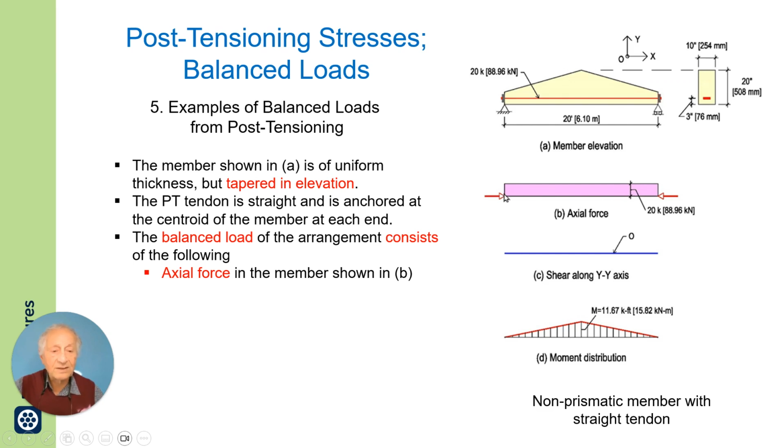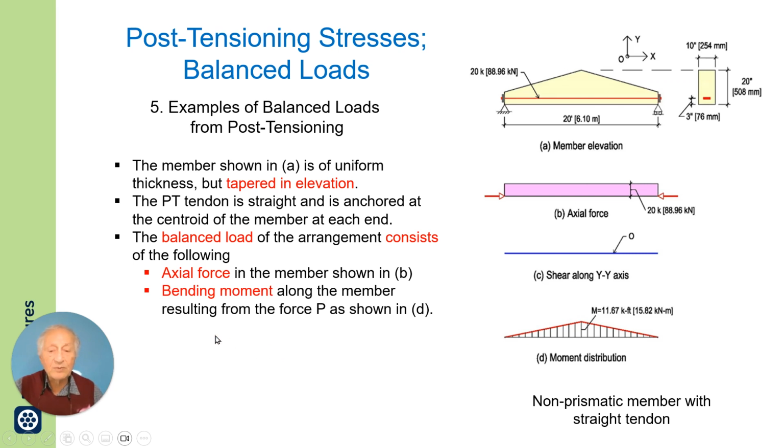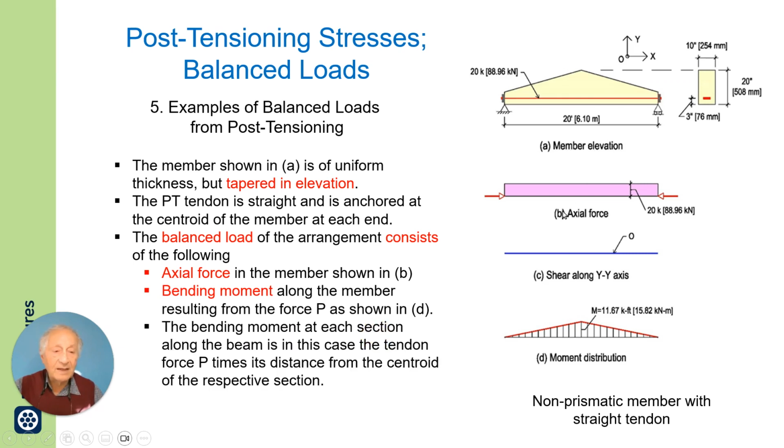It's a constant axial force, but the axial force having different varying eccentricity with respect to each of the sections will cause a different moment. There will be a bending moment along the member resulting from the eccentricity. The bending moment at each section, in this case, is P, the force, times its distance from the centroid of the section.